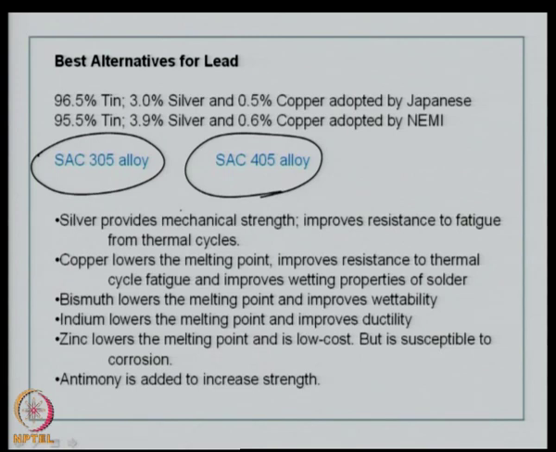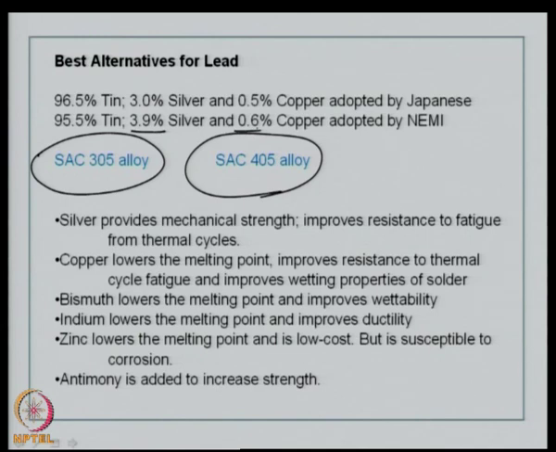Here you have about 4% silver, 0.5% copper, or some literature gives it as 3.9% silver and 0.6% copper, and the remaining 95.5% tin, adopted by NEMI, that is the National Electronics Manufacturing Initiative of the US.